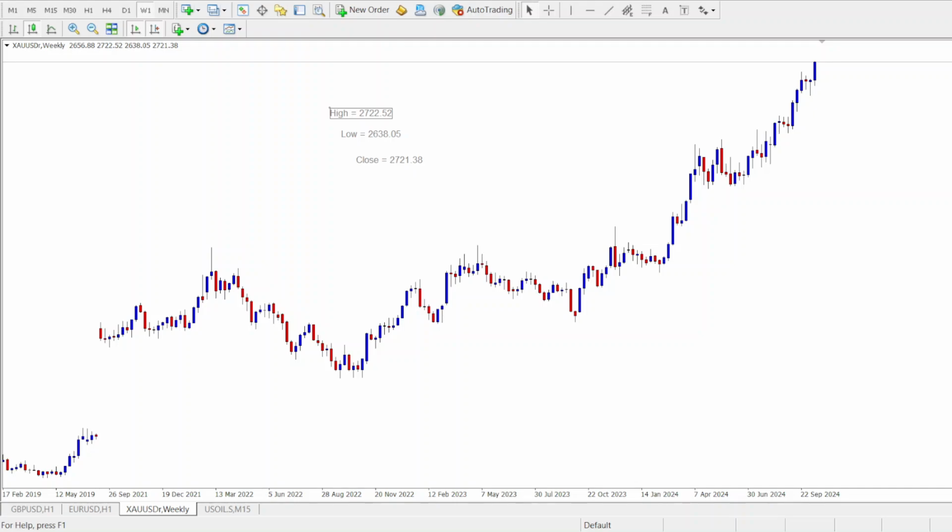Then the next thing for us to do after we have identified each of these prices for our high, low, and close, is to calculate the pivot points.